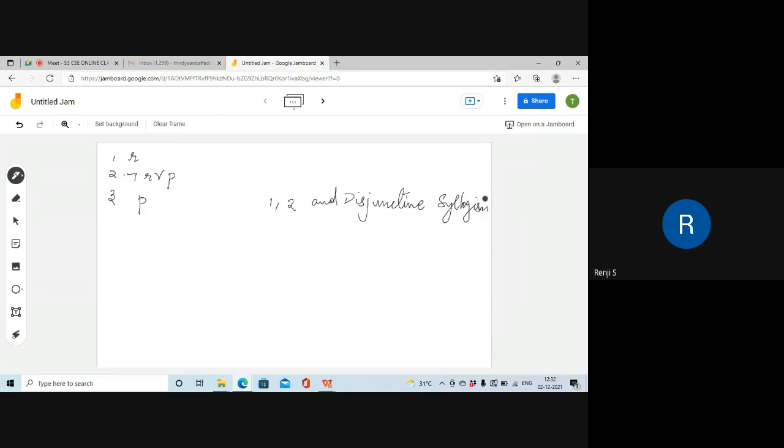I hope you had written the above 2 steps. R is the additional premise, and not R or P is premise 2. According to rule P, we had taken premise 2, and this is the additional premise according to rule CP.